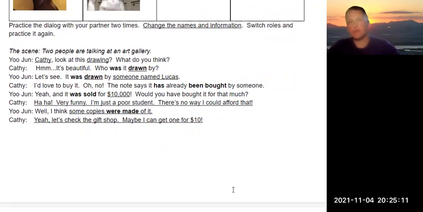Kathy, look at this drawing. What do you think? It's beautiful. Who was it drawn by? Let's see. It was drawn by someone named Lucas. I'd love to buy it. Oh no. The note says it has already been bought by someone.